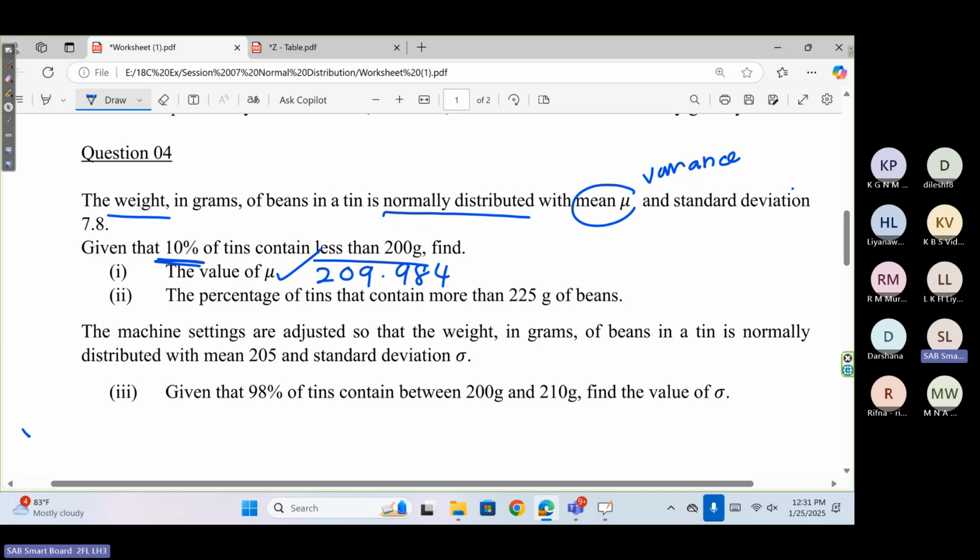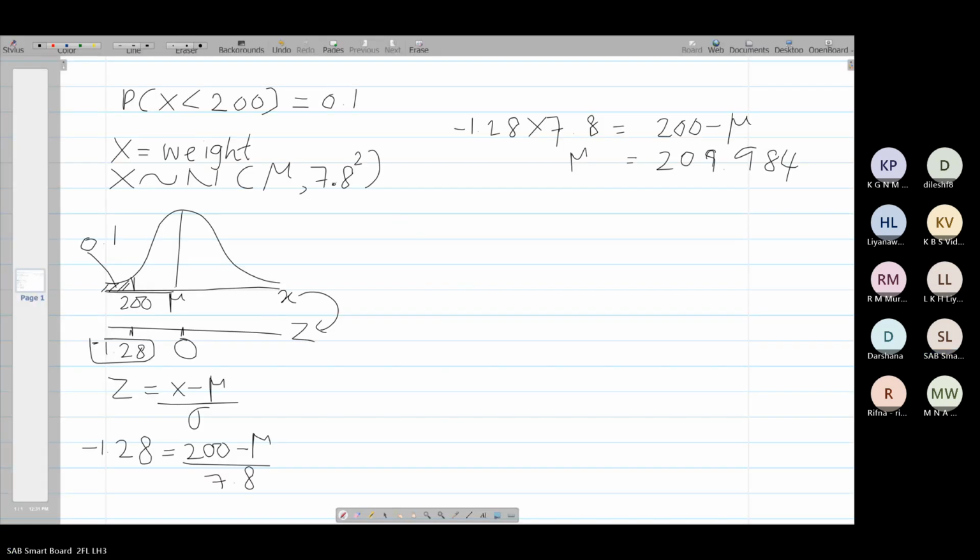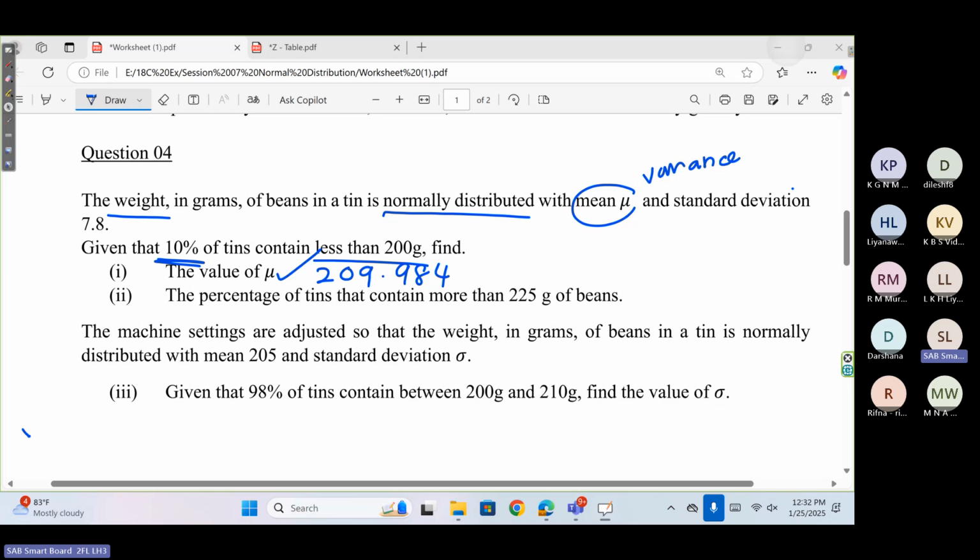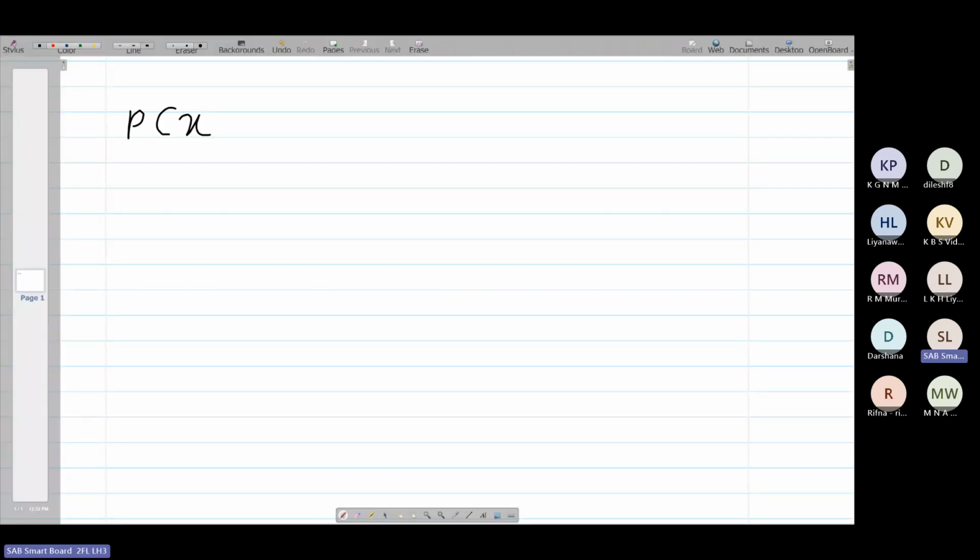Okay. Now the question asks to find the percentage. Before that we need to find the probability. X value is more than 225. Okay. Then when we draw the curve, the middle point is mu.